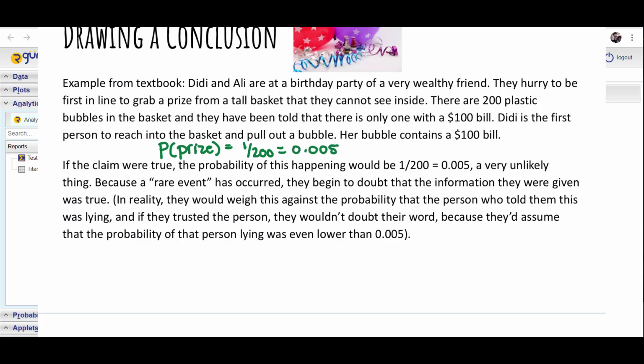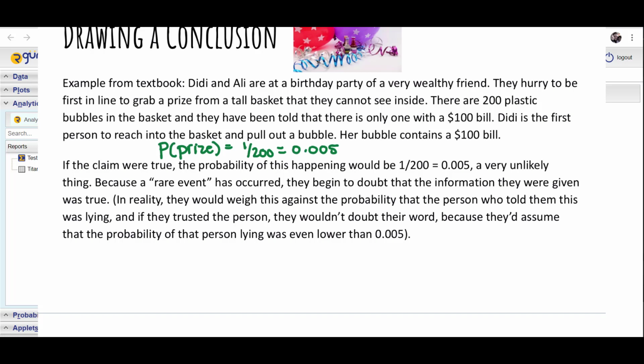That's a very low probability. That is very unlikely to happen. If you'll remember, up to this point we've considered anything less than 5% to be unusual. So 5% is 0.05. This is definitely less than 0.05. This is 0.005.